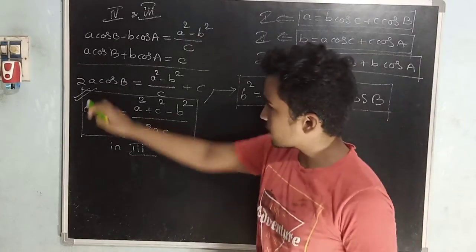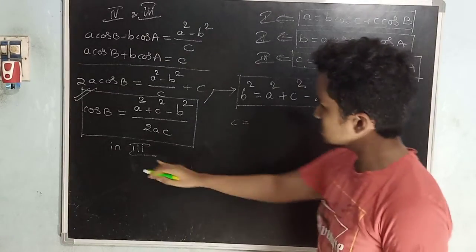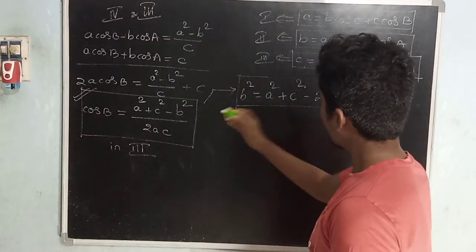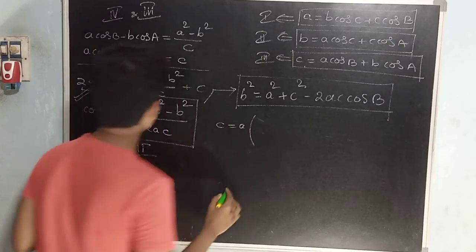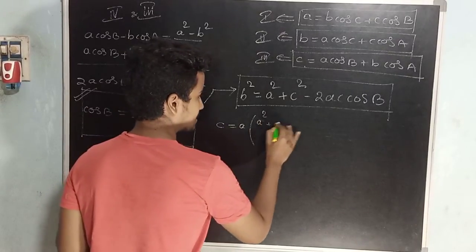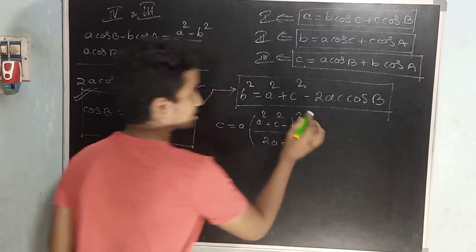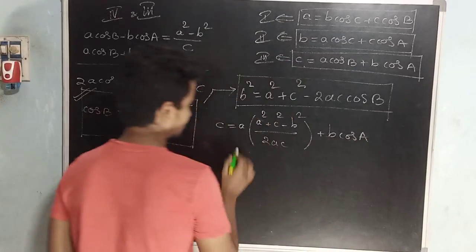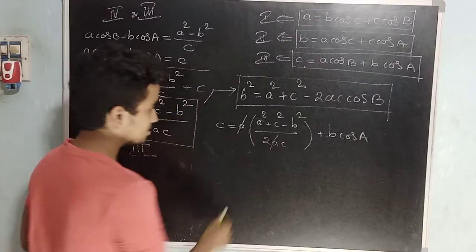Now we got the value of cos B. I am going to substitute in equation 3. In equation 3, C is equal to A cos B plus B cos A. C is equal to A into A square plus C square minus B square by 2AC plus B cos A. Okay.